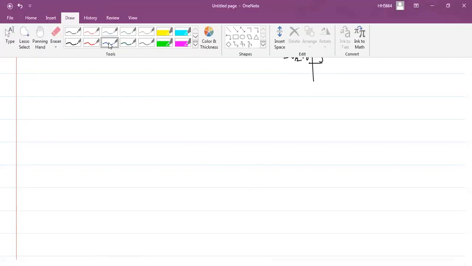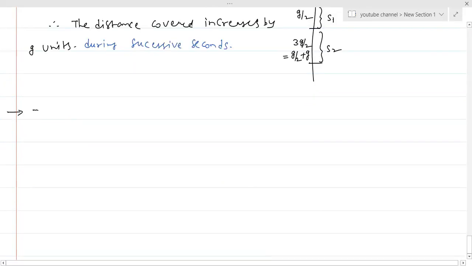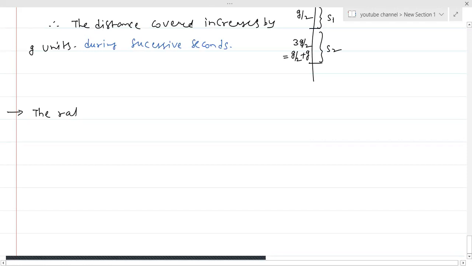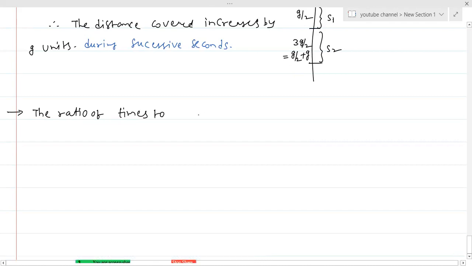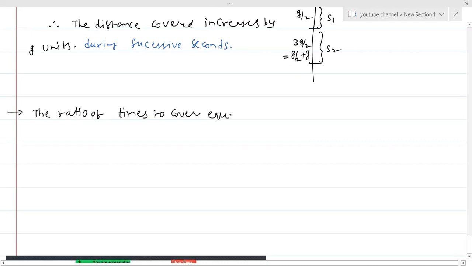And also we have one more discussion here: the ratio of times to cover equal distances. This is very important.